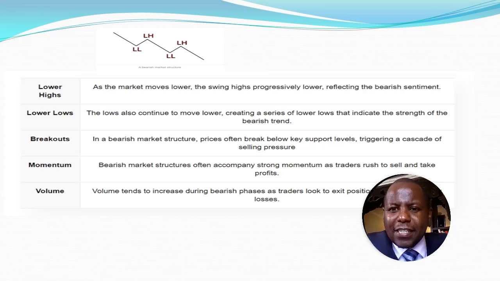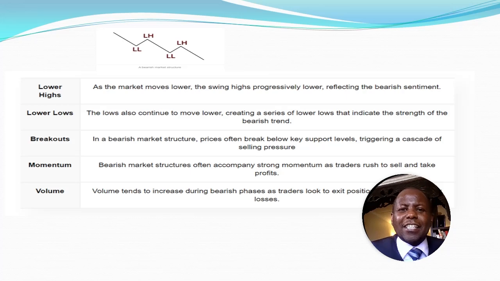In a bearish market structure, prices often break below key support levels, triggering a cascade of selling pressure. So this is what happens in a bearish market structure, that you have these breakouts breaking below key support levels, triggering a cascade of selling pressure. People begin to sell.